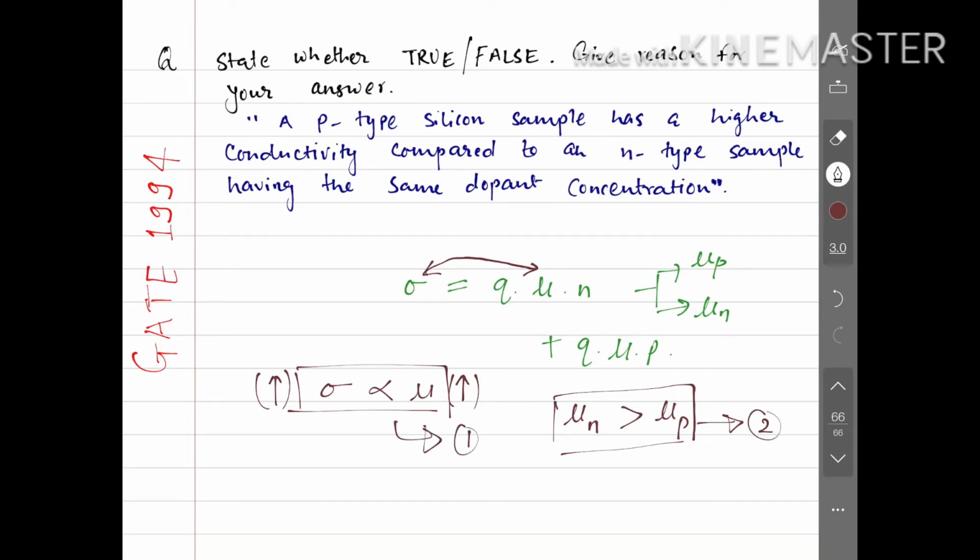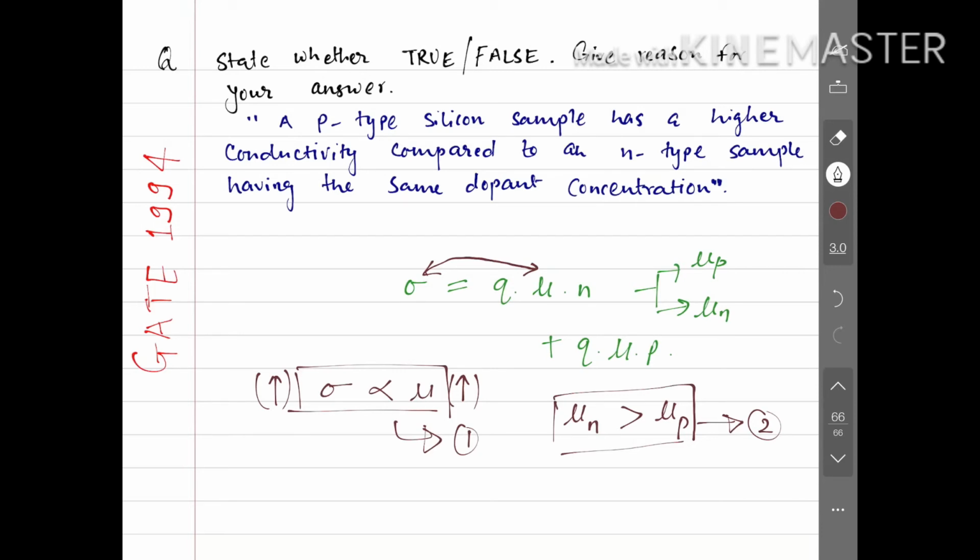Now you can see that the conductivity depends on mobility. If the mobility is higher, conductivity would be higher, and from equation 2 you can see that the mobility of electrons is higher than the mobility of holes.